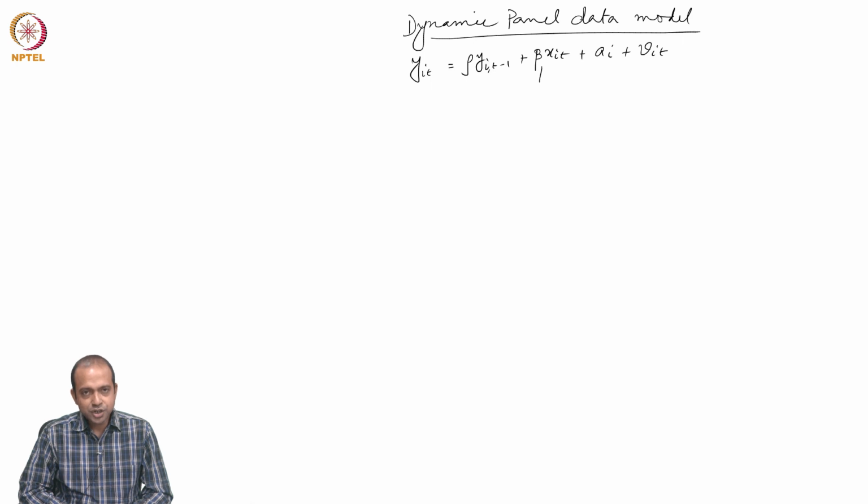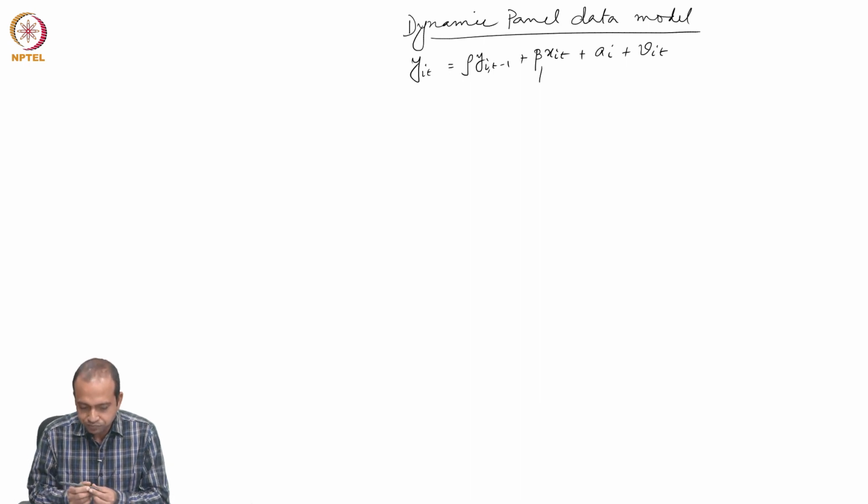So, a level equation and the difference equation, both of them constitute a system of equations that we are going to estimate. And when we have a system of equations, then lag of level is used as instrument for the difference equation, and lag of difference variable, that means delta yit minus 2, is used as the instrument for the level equation.